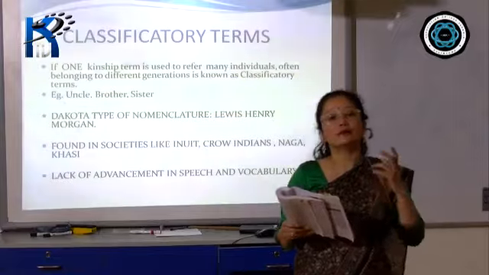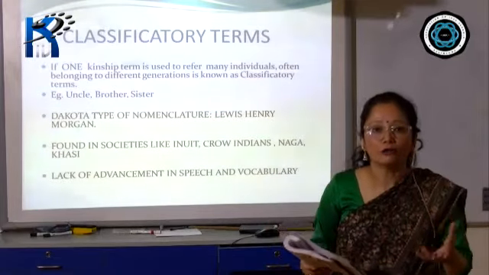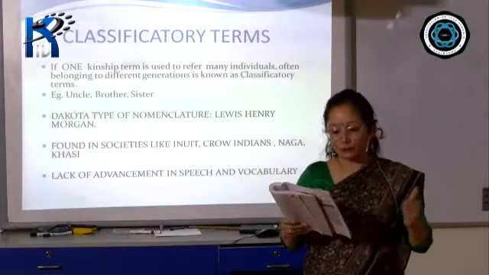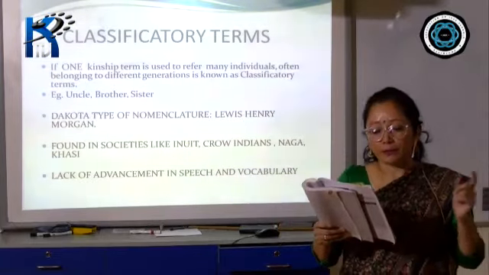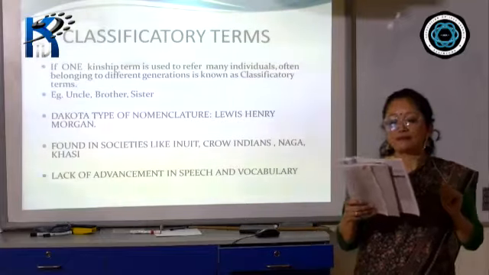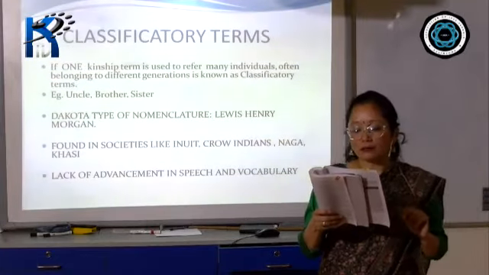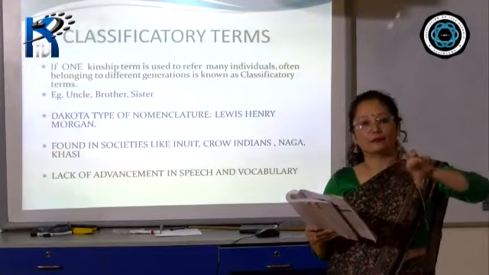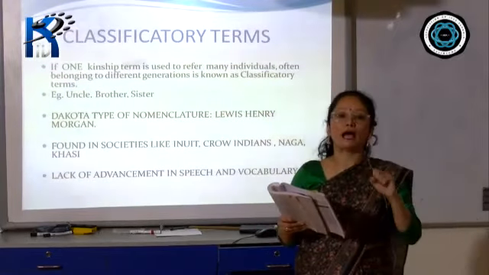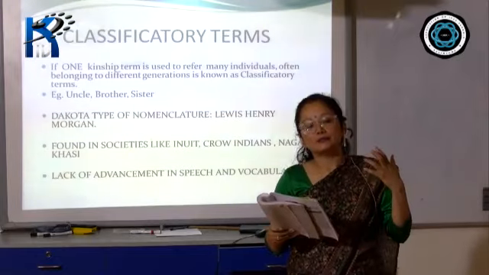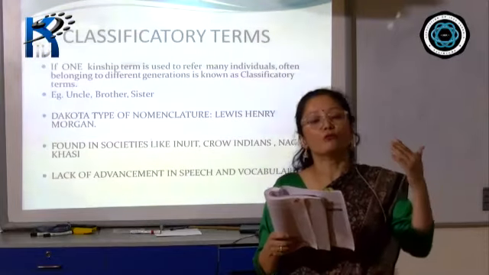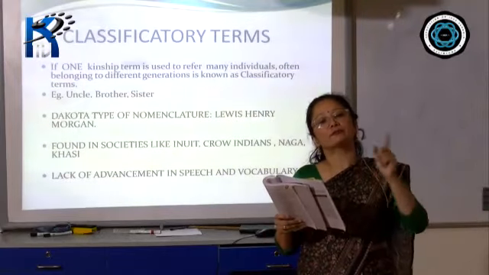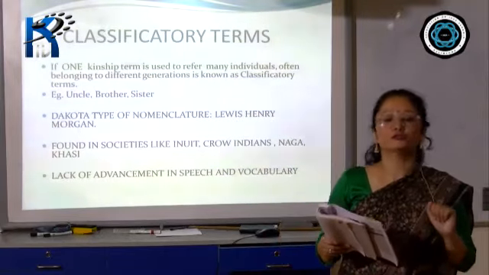At the same time, they also use another Naga word, Angu. Angu means mother's brother, which is your mama, mother's brother's child, husband's father, wife's father, husband's brother, wife's brother. That means all the male relatives are referred to as Angu. And there is a big difference between the wife's father, who belongs to another generation, and the wife's brother, who belongs to another generation.